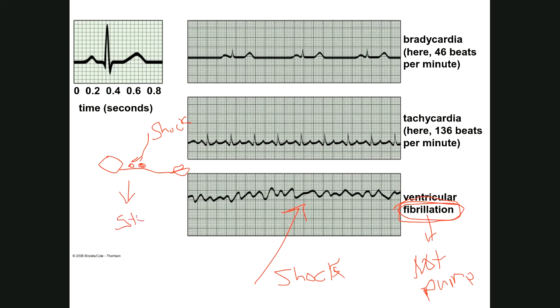In other words, all parts of the heart are depolarized at the exact same time, and the heart stops. And then hopefully the SA node will go back in control again. And so the SA node will go, and then we'll get QRS, and then we'll get T, and then we go back to a normal rhythm.